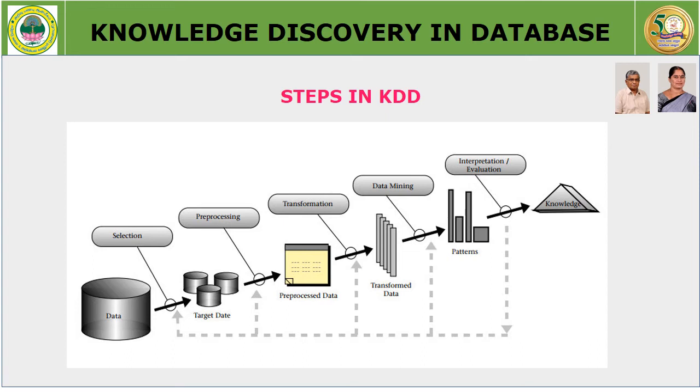Next one is pattern evaluation. Pattern evaluation is defined as identifying strictly increasing patterns representing knowledge based on given measures. Find the interestingness score of each pattern. It uses summarization and visualization to make data understandable by the user.